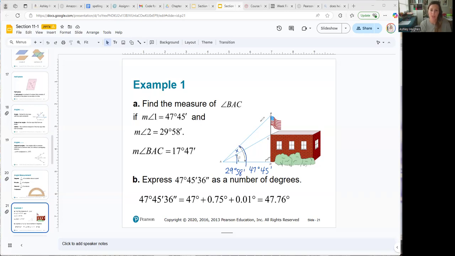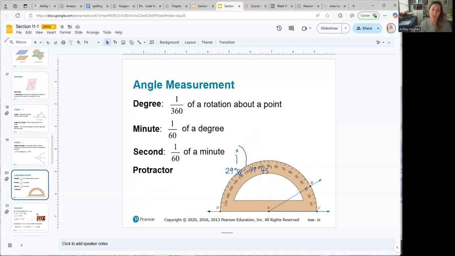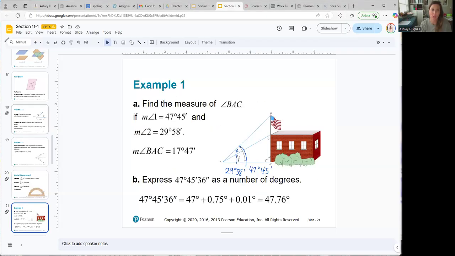I would need to subtract, right? I would need to take that 47, 45 minus 29, 58. But what do we do about the minutes? Well, if you remember, a minute is 1/60th of a degree.